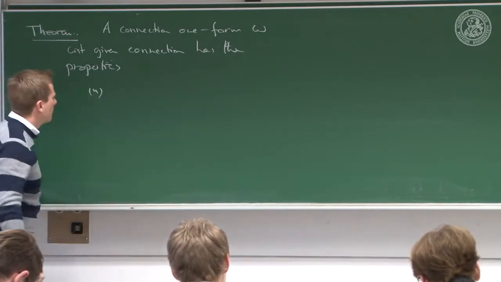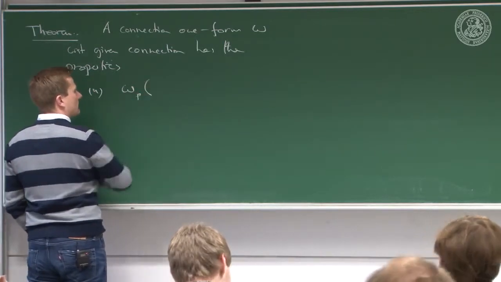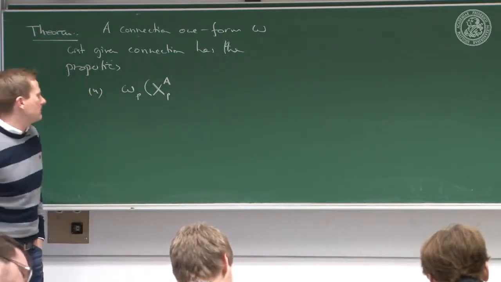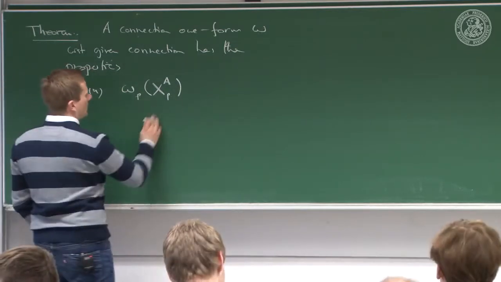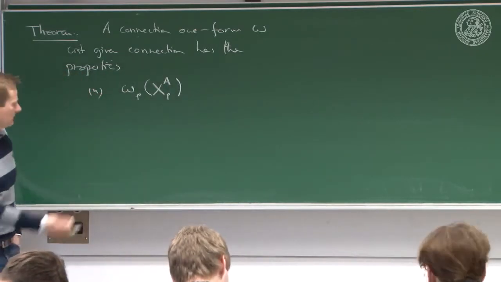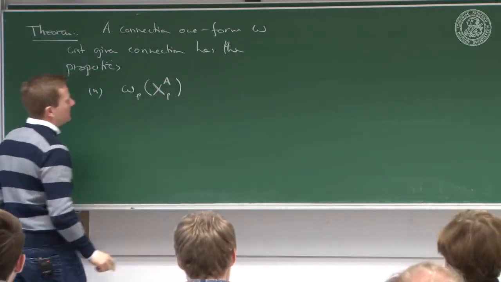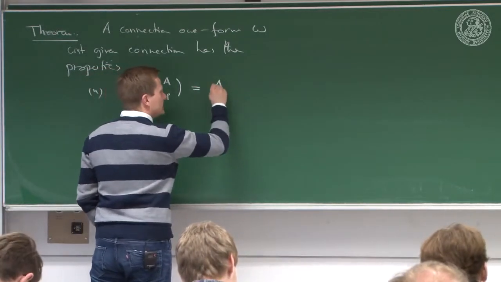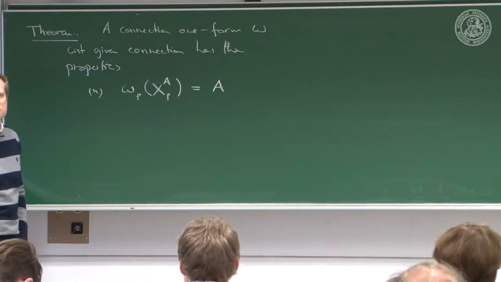A. If I take the connection one form at a point P and apply it to this vector field X_A, or the thus induced vector at the point P, which we got from acting, well, we had this definition of this vector field on P that's generated by an element of the Lie algebra, then the connection one form yields the Lie algebra element A. That's just it.